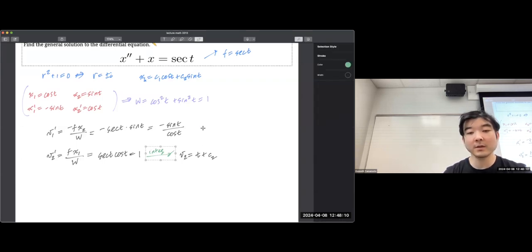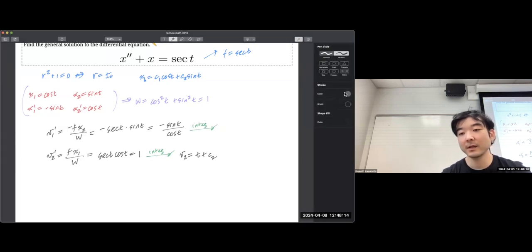So for the integral of negative tan, you want to use substitution. I'll use u equals cosine of t. That means your du is equal to negative sine of t, which is perfect because that shows up right there.